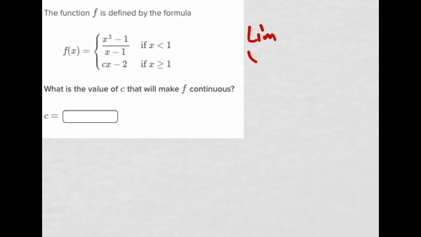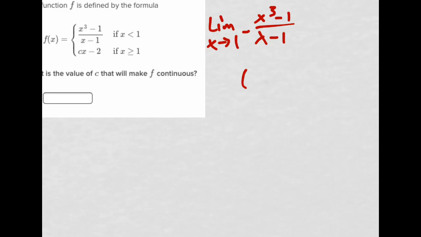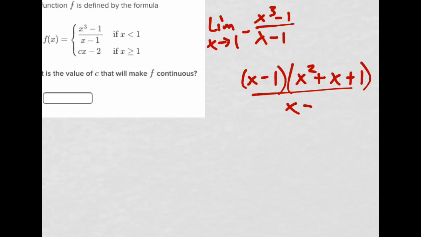The limit as x approaches 1 from the left, we will use this. It's a difference of cubes: x cubed minus 1 over x minus 1. If we factor x cubed minus 1 with the difference of cubes formula, that will be x squared plus x plus 1, divided by x minus 1.